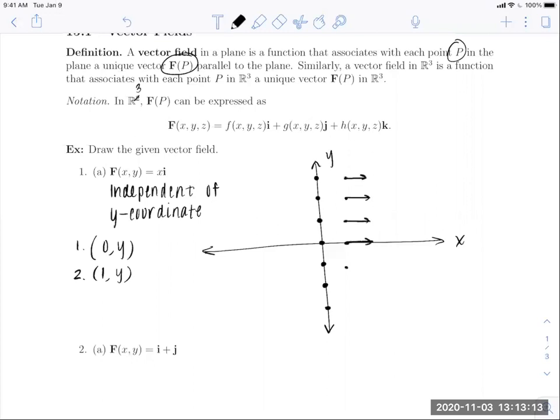And so on and so forth. Just draw enough of these vectors to convey what you're trying to say here. Let's also look at x coordinates of -1. That's going to be very similar, but instead of an i hat, we're getting a negative i hat. So we're pointing in the opposite direction.